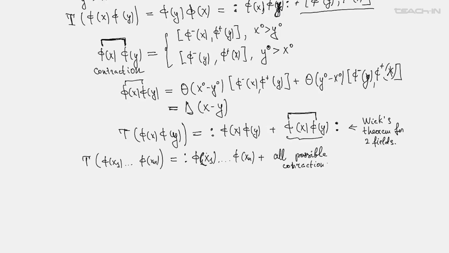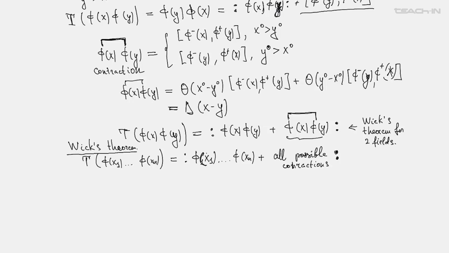This is the statement of the Wick theorem. A very compact expression: the T-ordered product of any number of fields is given by the normal ordered product of these fields with all possible contractions.